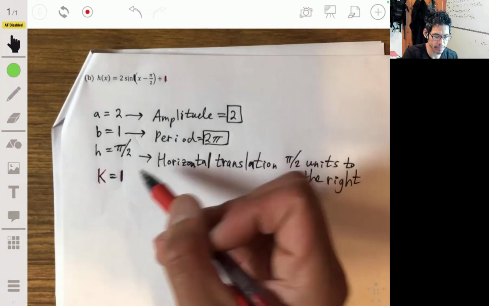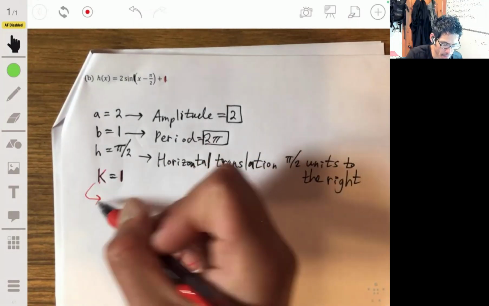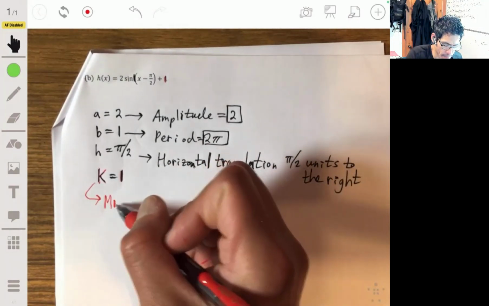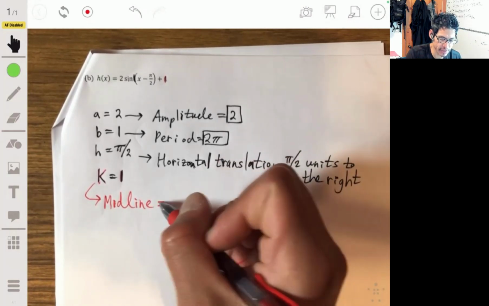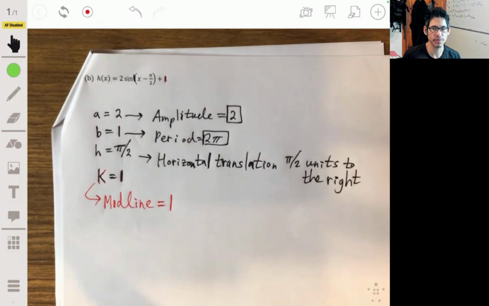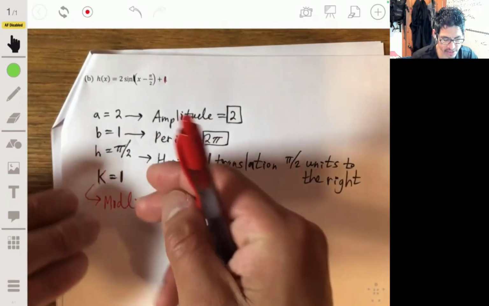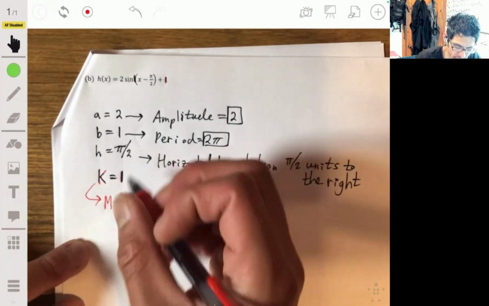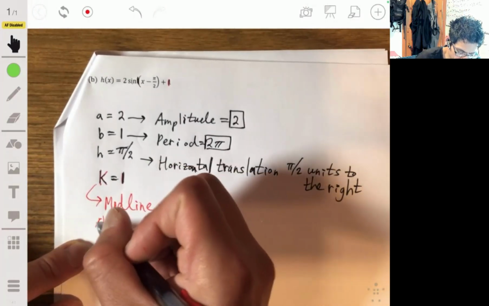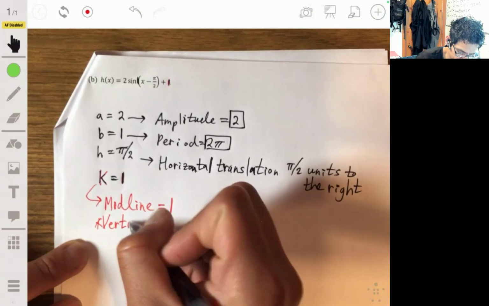The k equals 1. This is the midline, and I'm going to show you what that is in just a minute. Midline is equal to 1. But what this also does is shift the graph upwards. There's a vertical translation of 1 unit up.